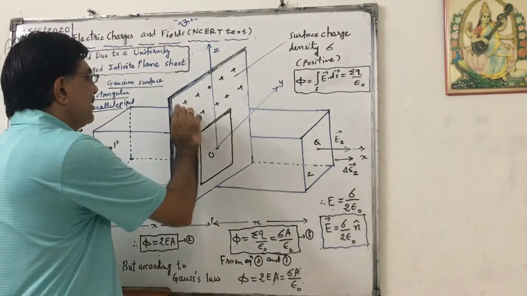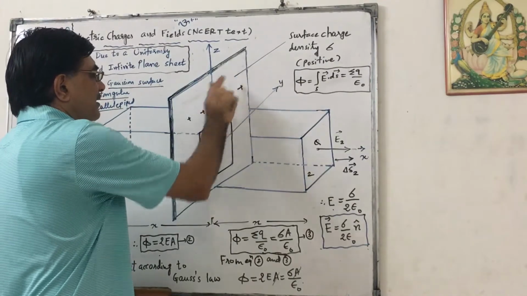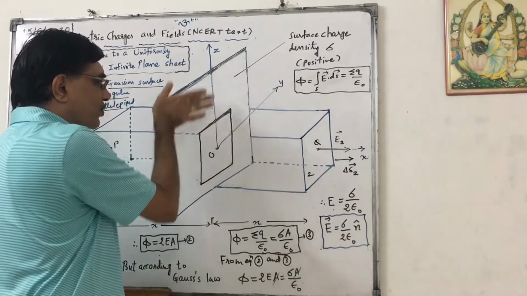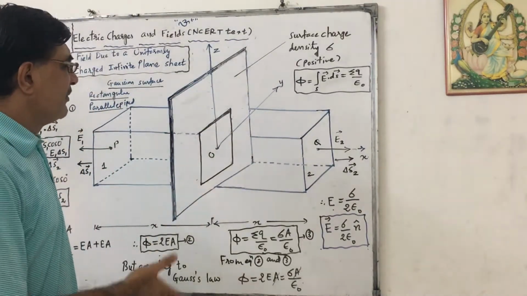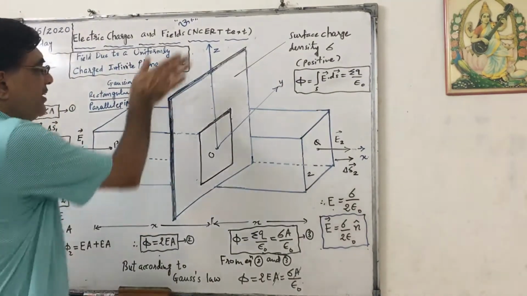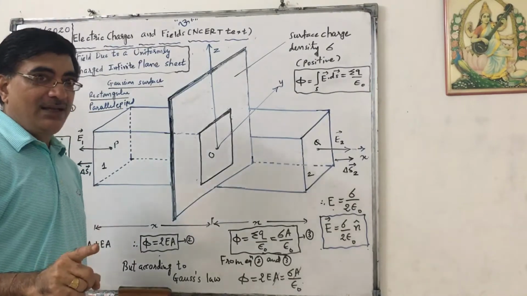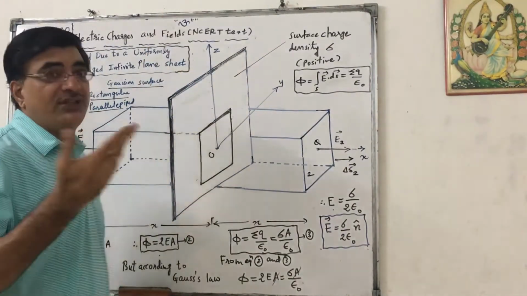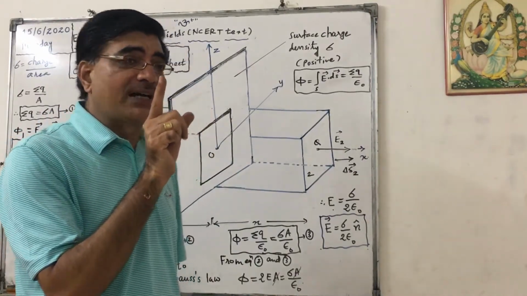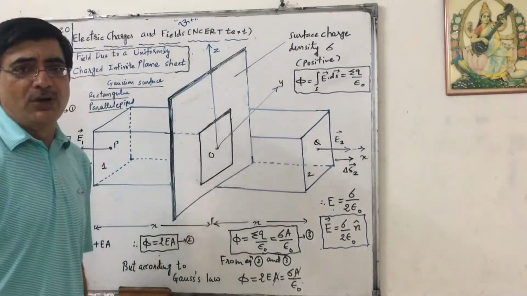It is filled with positive charge, but we cannot draw it in the figure because it would be very complicated. Keep in mind that this plane sheet has infinite area and is filled with positive charge, having surface charge density sigma. This is the first part of the problem.